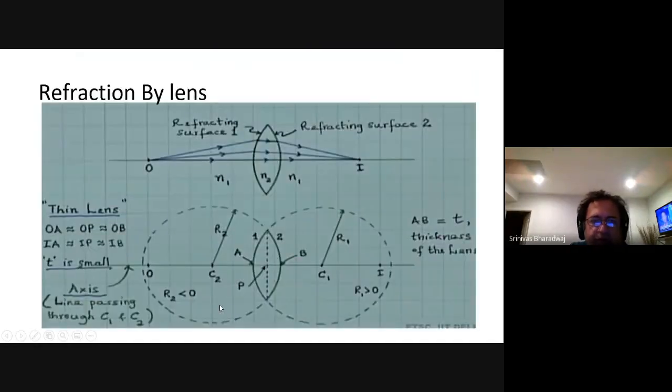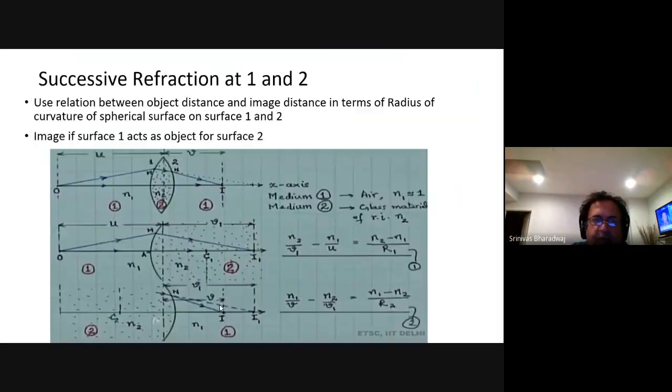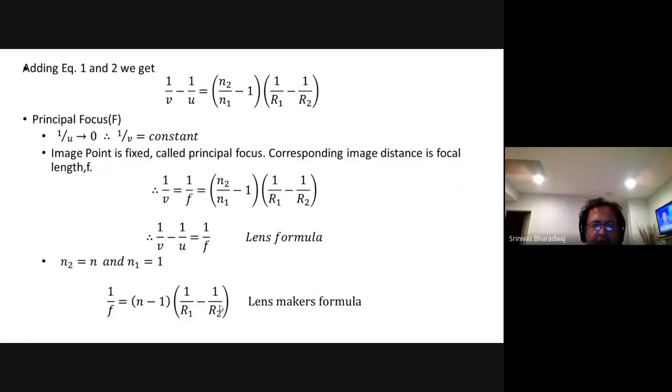Those equations will modify, and you will have your resultant equation: 1 by F, the focal length, equals N minus 1 times 1 by R1 minus 1 by R2.